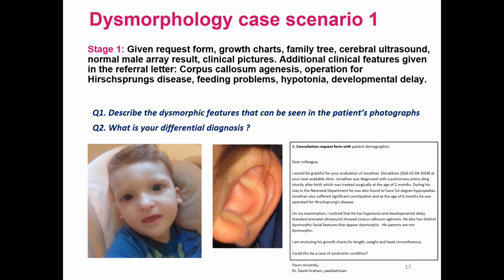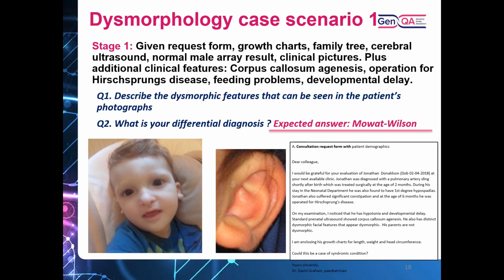With this information, you are asked to describe the dysmorphic features in the patient's photographs and to give your differential diagnosis. Given this information, the expected answer was Mowat-Wilson syndrome, and all centres included this within their differential diagnosis.